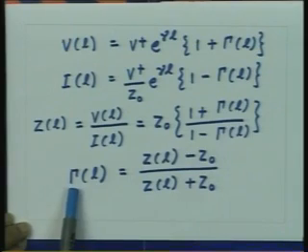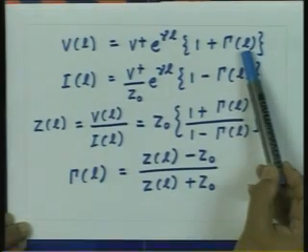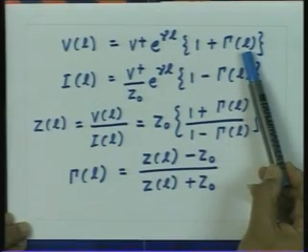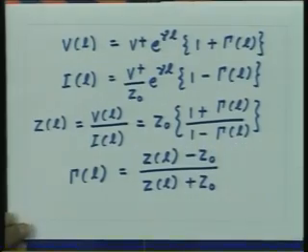Once I get this, I can substitute for the reflection coefficient gamma L, and noting that the quantity V minus upon V plus is the reflection coefficient at the load end, I can write down the impedance here in general form as follows.